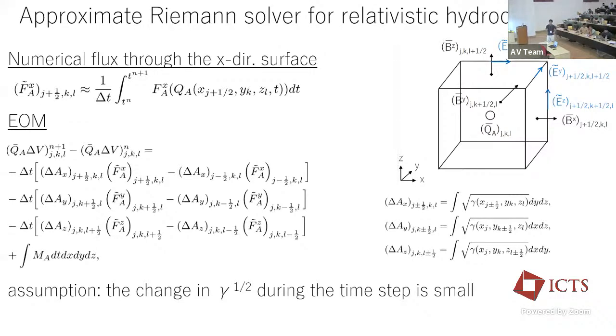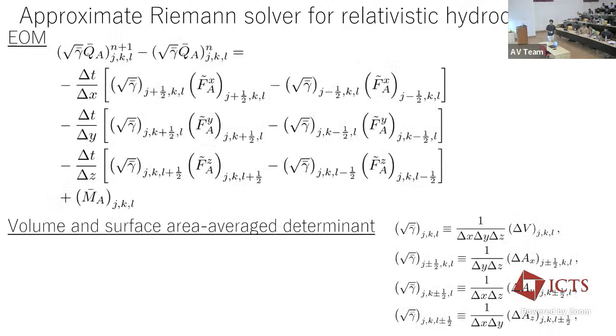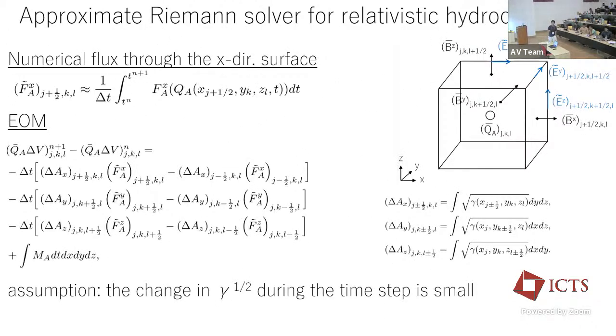This is not such a strong constraint, because in our simulation the delta t, or time step, is limited by the speed of light. So in just one time step, this quantity does not change significantly anyway. Now we have these terms.